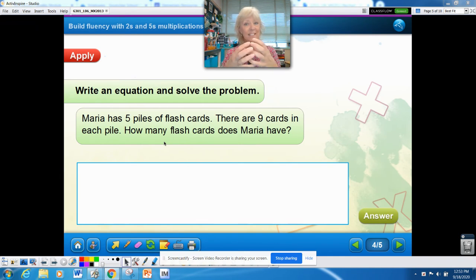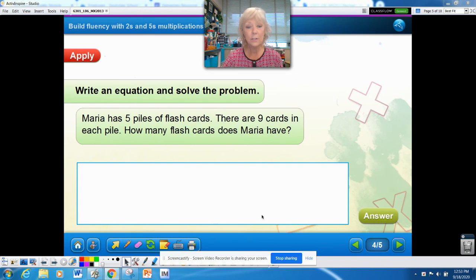Remember, when we're putting things together, it needs to be either addition or multiplication. But here is a key word, each pile. So if there are 9 in each pile, you're going to take that pile and you're going to multiply it by 5 piles. 9 cards, 5 piles.